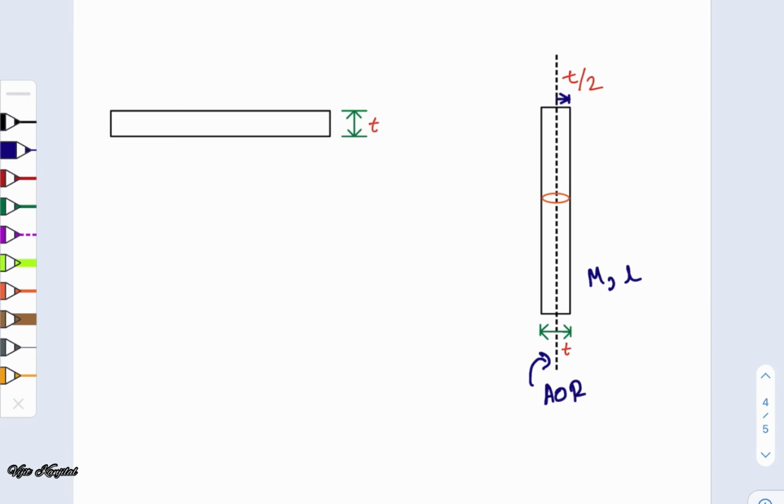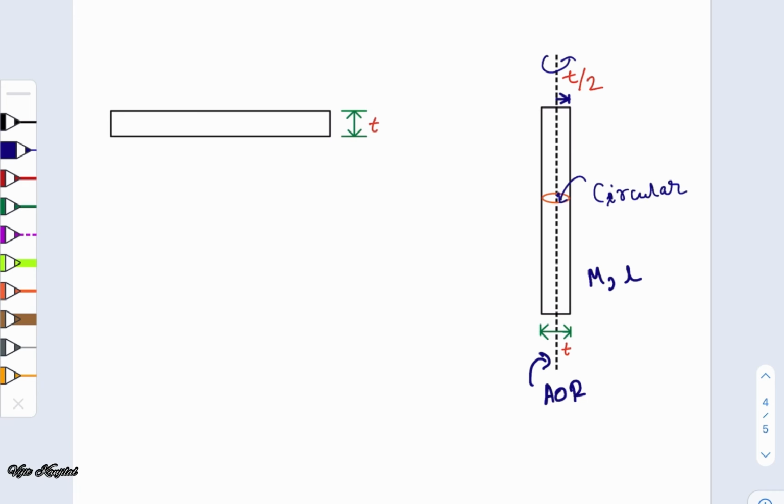For simplicity, let us assume the cross section of this rod is circular. So we are trying to rotate this rod about an axis passing along its length. What is the moment of inertia of this rod with respect to this particular axis?